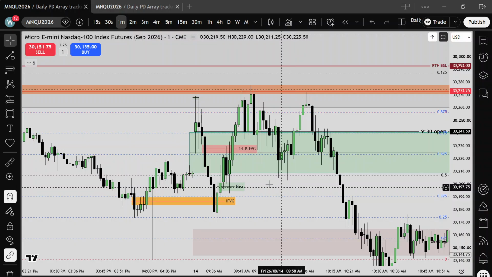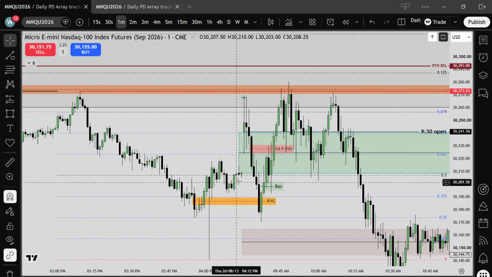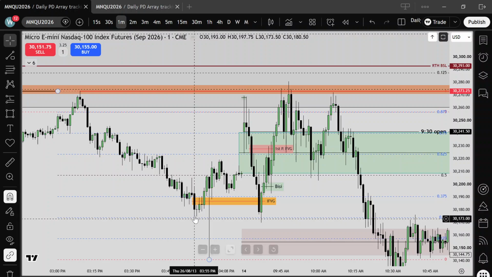But especially when you have, let's see, 241 to 208, so what is that, a 30-some handle opening range gap? Not very big at all. But you can see the relevance of having regular trading hours 1-minute charts real close to you.